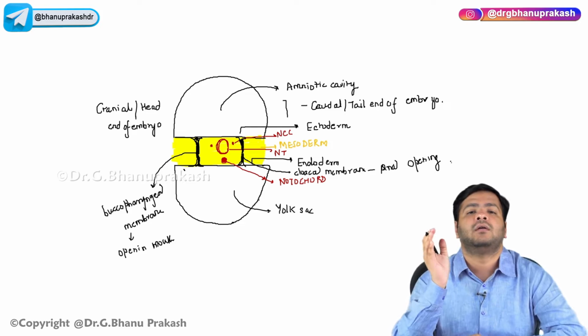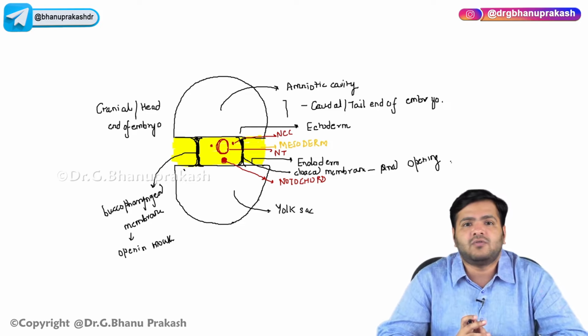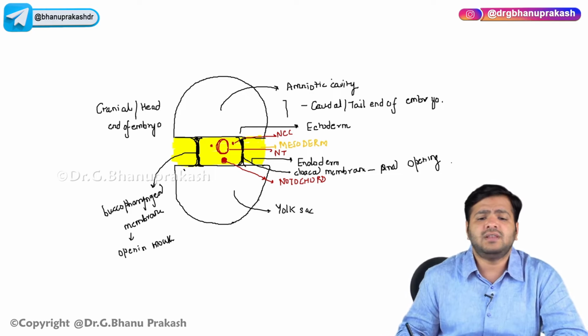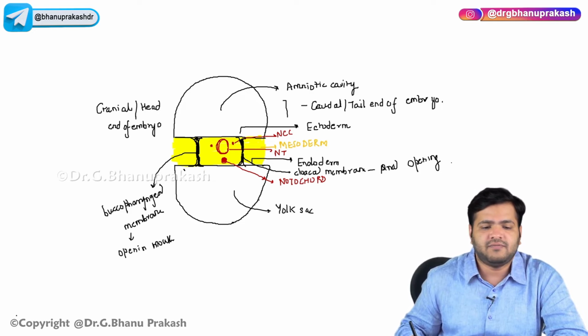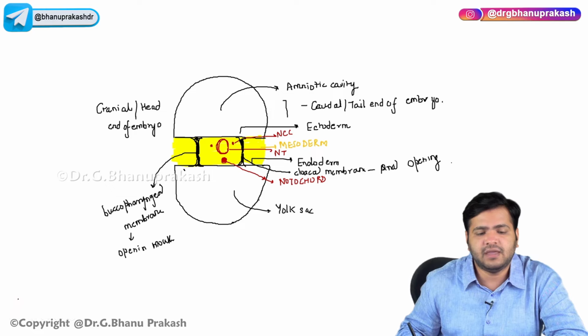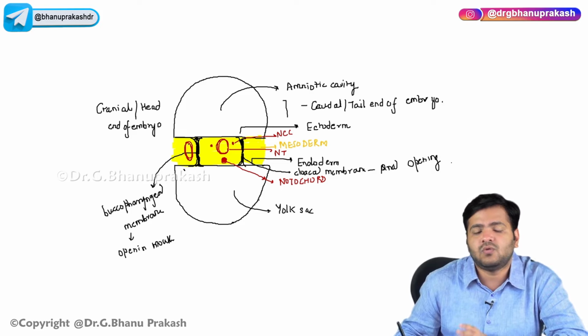Now there are three structures over here. The third one, the buccopharyngeal membrane, you already know. To the lateral side we have a specialized area for the development of the heart, towards the head end.